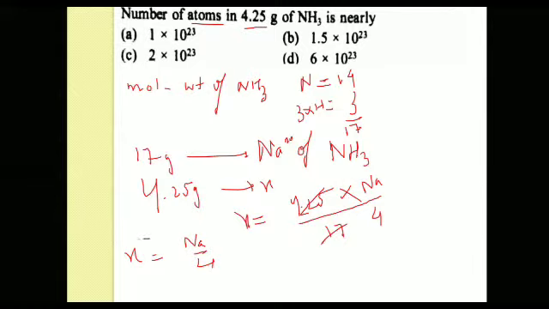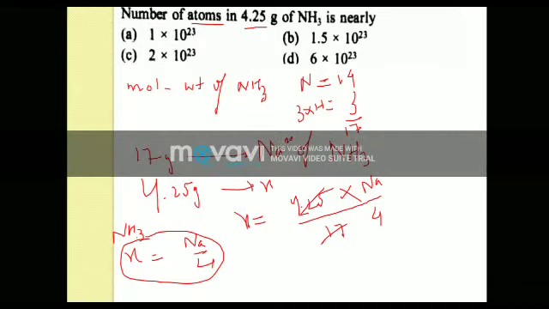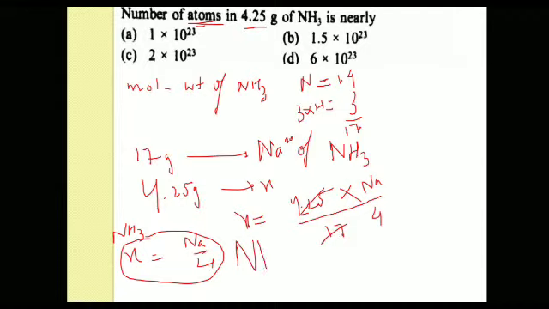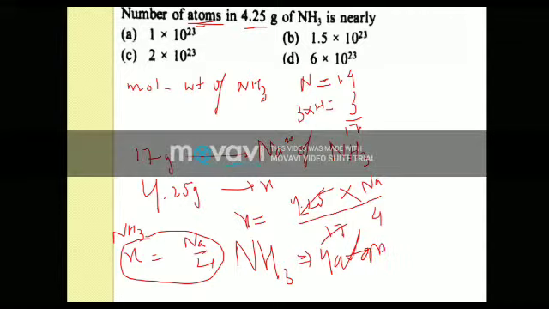So these many NH3 molecules are present, but you don't have to calculate NH3 molecules, you have to calculate the number of atoms. One NH3 molecule will have 4 atoms, 1 nitrogen and 3 hydrogens.